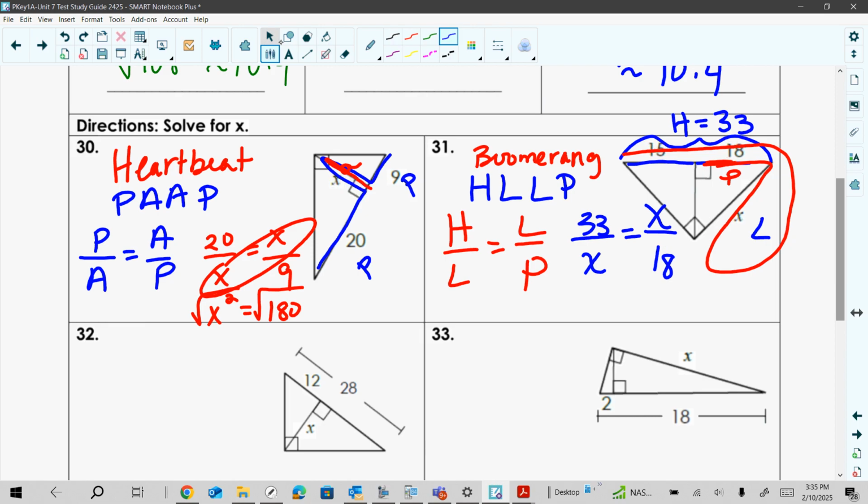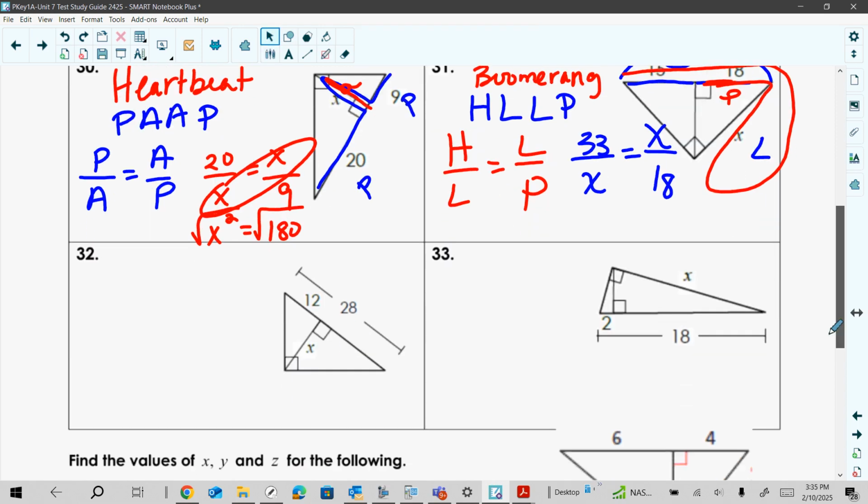So just make sure you're picking the right method, the right rule. Like 32 here, x is the altitude, so this would be heartbeat again. Thought I had it on here, maybe it's not showing. There it is. And then you have to remember sometimes 12 is a part.